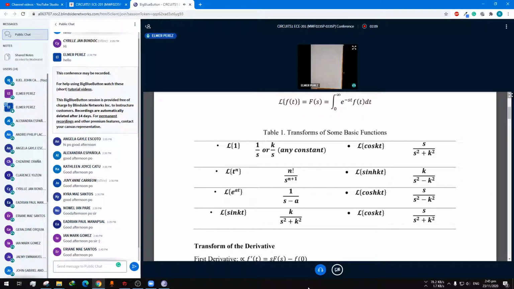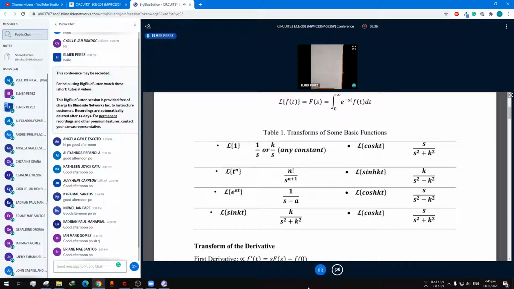So that's the difference of the basic trigo functions and the hyperbolic functions. Hyperbolic functions, instead of positive, magiging siyang negative. And then for cosine, it's the same as normal cosine. So hyperbolic cosine is s over s squared minus k squared. And then yung naulit lang yung cosine kt.